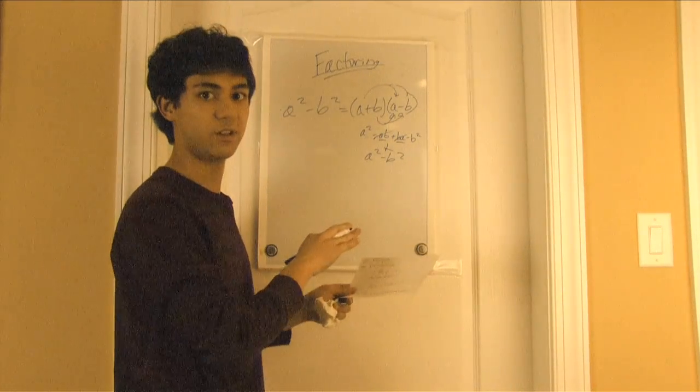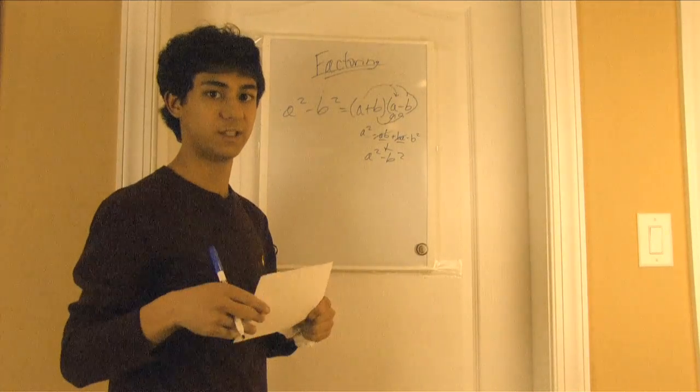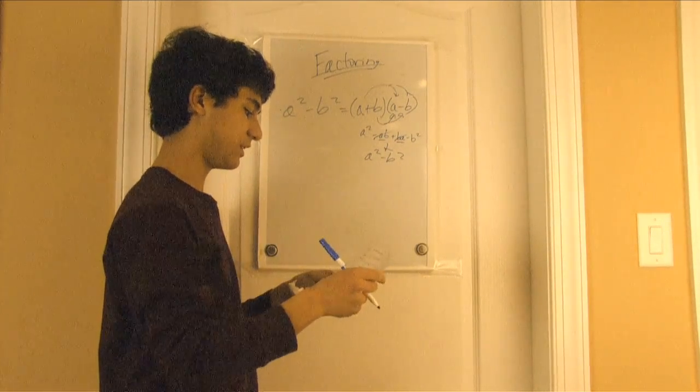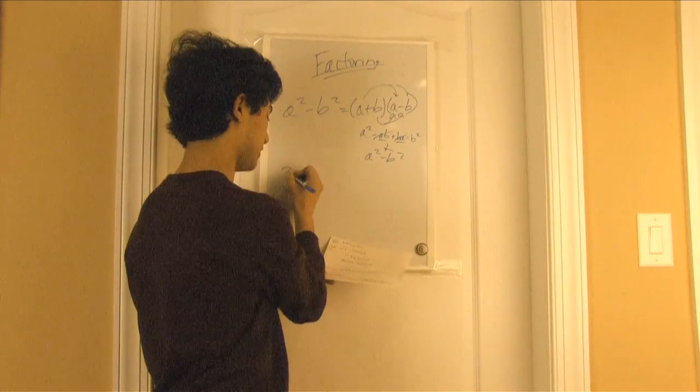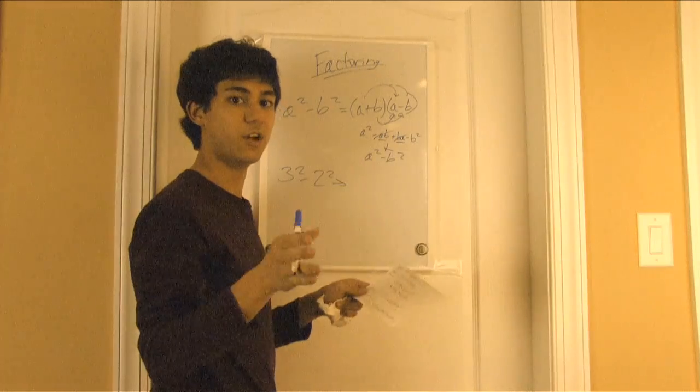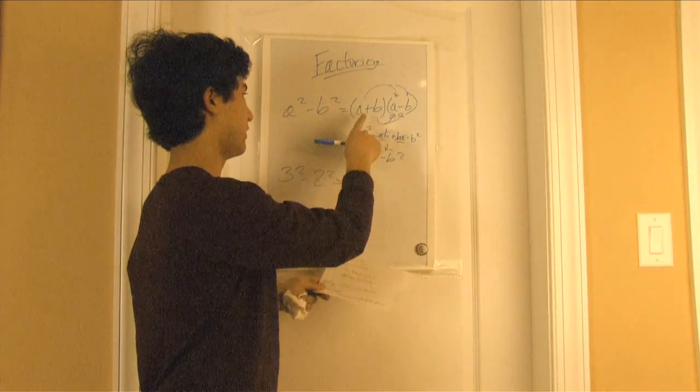It's really important. If you're doing a test and you see a problem like 3 squared minus 2 squared, you can automatically know that you can apply that formula.